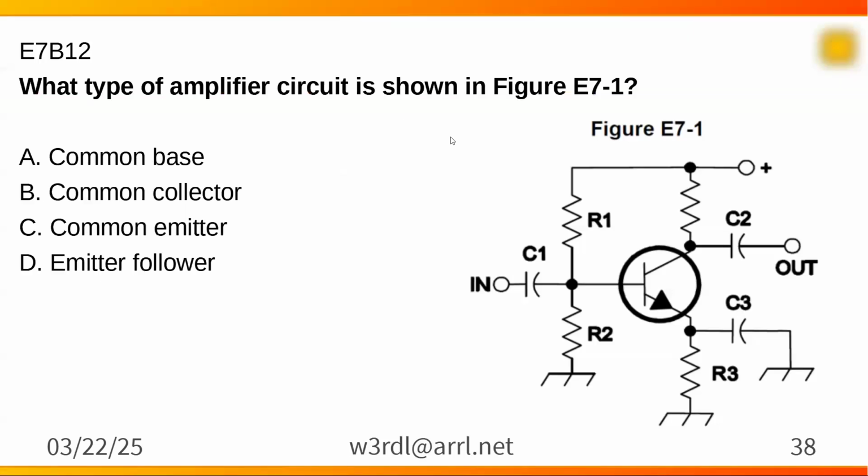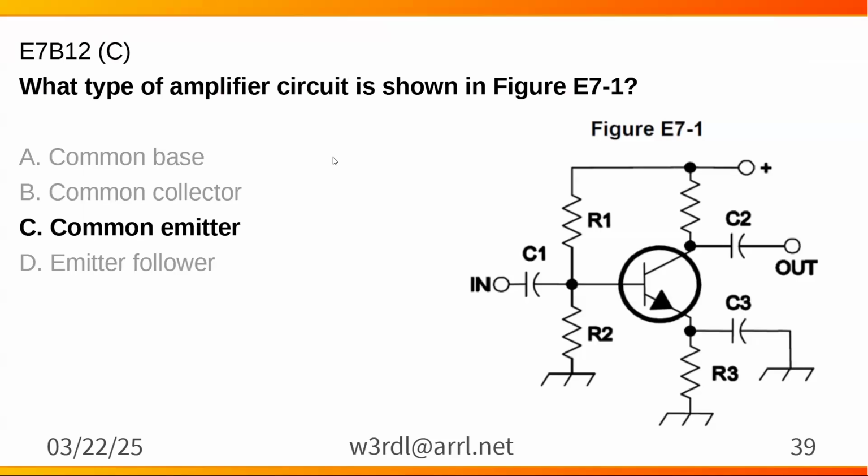So what type of amplifier circuit is figure E71? Charlie. Yes, Charlie. Why do they call that common emitter? Because the emitter is essentially ground. Yeah, and in another stage it would also be ground.